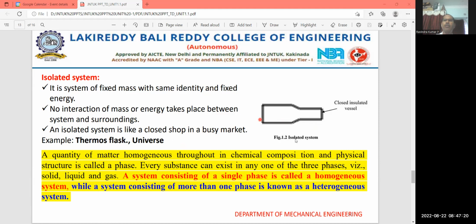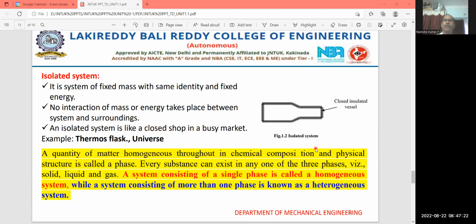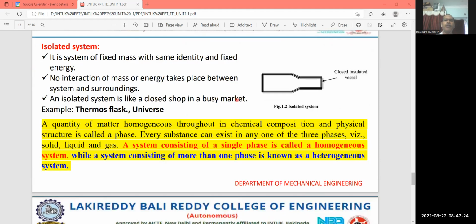Apart from these systems, there is a homogeneous system and a heterogeneous system. When you consider a quantity of matter as homogeneous throughout its chemical composition and physical structure, you can call it a phase.